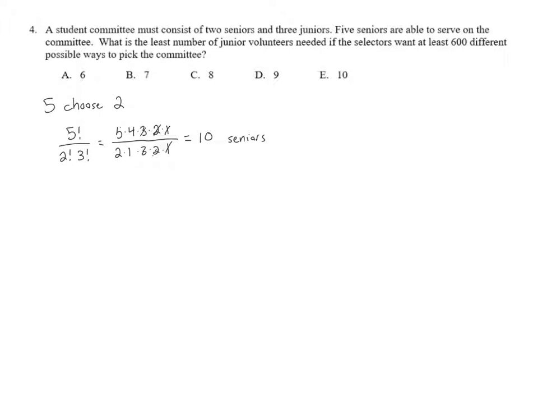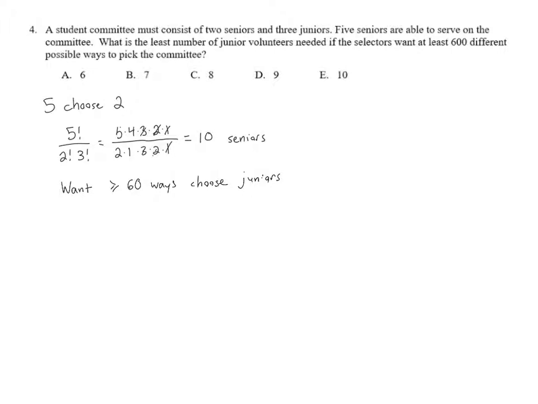We want there to be at least 600 different possible ways to pick the committee. So what we want is there to be greater than or equal to 60 ways to choose the juniors, because the seniors and the juniors are separate.